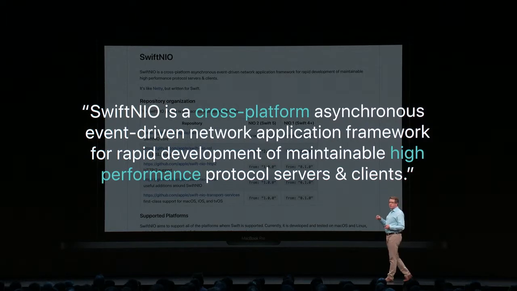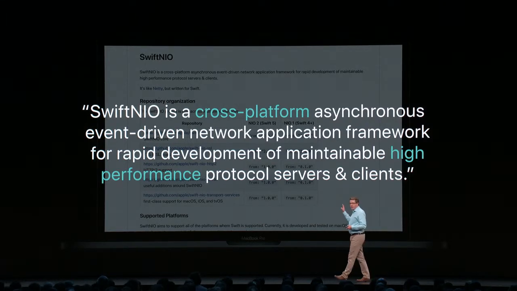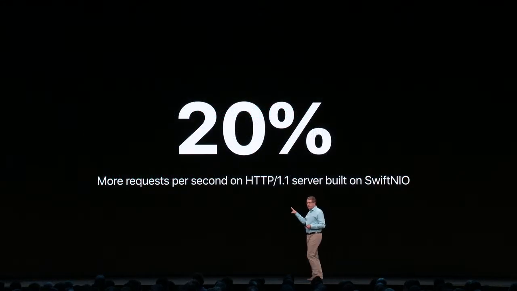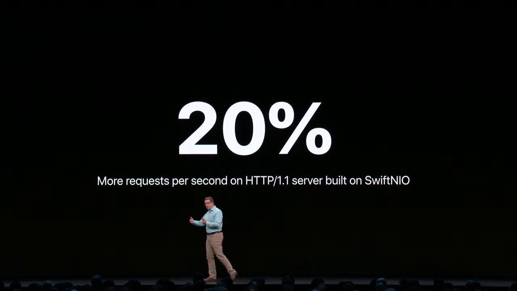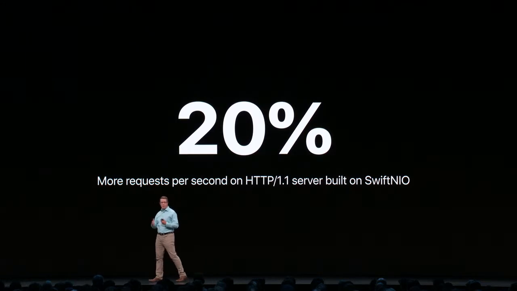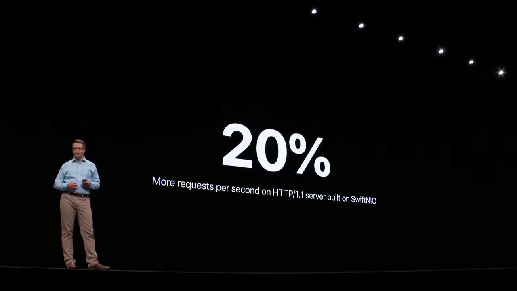By switching to UTF-8, we see a 20% increase in the throughput of a web server built on SwiftNIO. So this is just a benchmark of text processing. And this really resonates with what we want: string to be a type that you can use for high-performance, intensive string operations, but also that's user-friendly and easy to use.